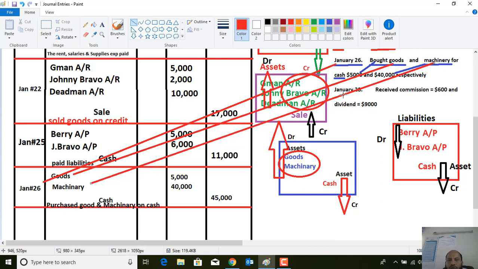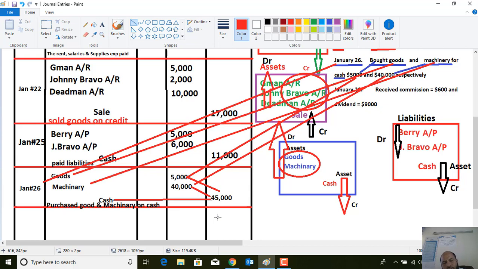So the amount of goods was 5,000 and the amount of machinery was 40,000. So when we added both of the amounts, it was equal to 45,000 as cash. So we paid 45,000 cash for purchasing goods and machinery.